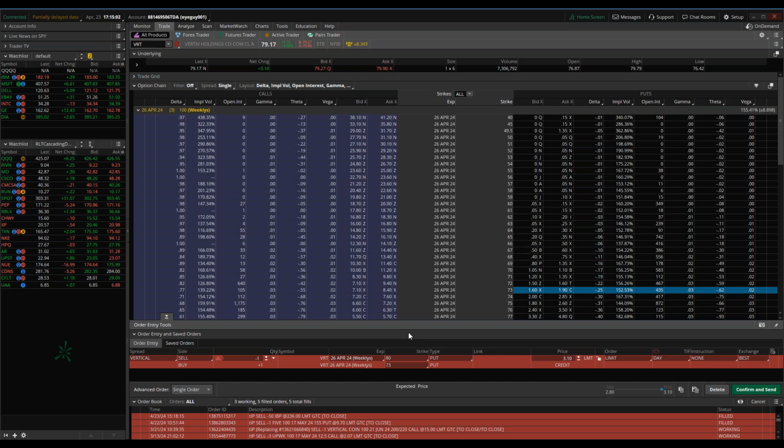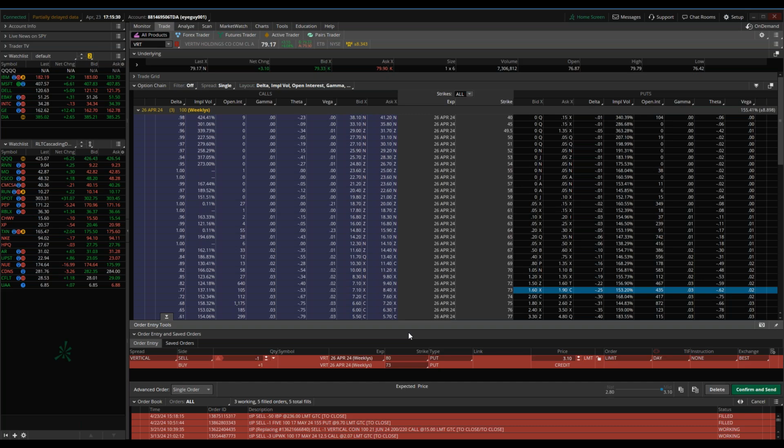What we're talking about is, let's say something happens to Vertiv that we don't know about. For one, Vertiv's earnings are coming up. The other thing, let's just say there's some kind of announcement. Now, if we have time, we can step in and make adjustments. But on this trade, this is sort of a kamikaze trade. It's either going to work or it's not going to work.